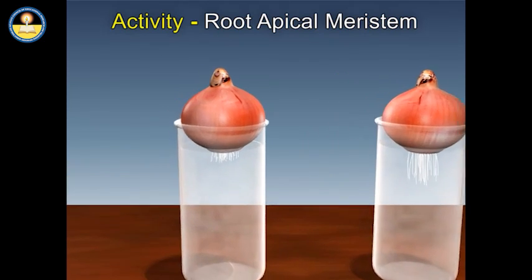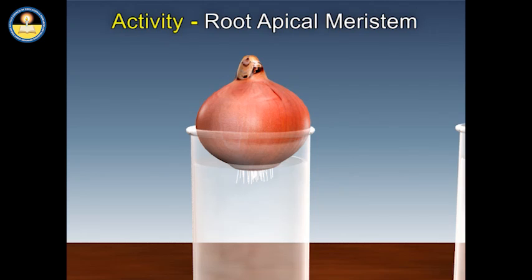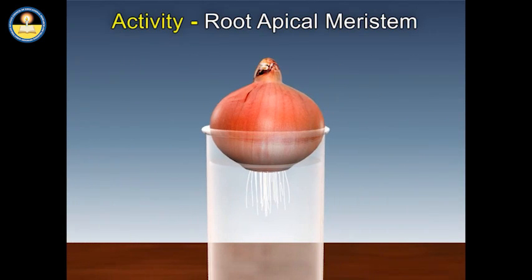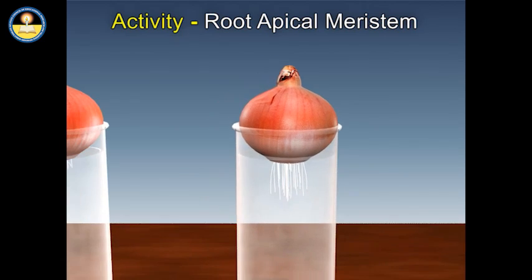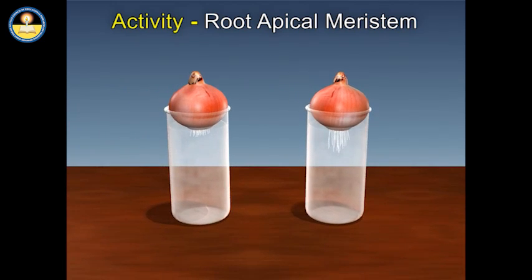Roots of the bulb where tips were removed did not grow further. On the other hand, the roots kept growing in case of the other onion. This shows that the tips of the root has meristematic tissue. If removed, the roots cannot grow further.